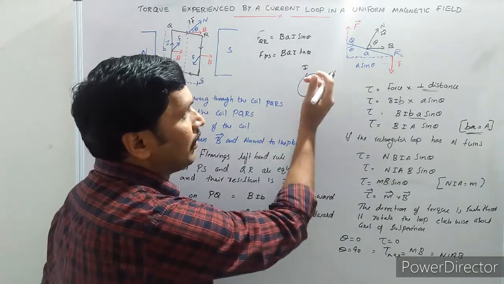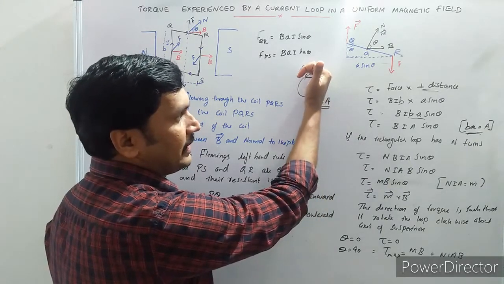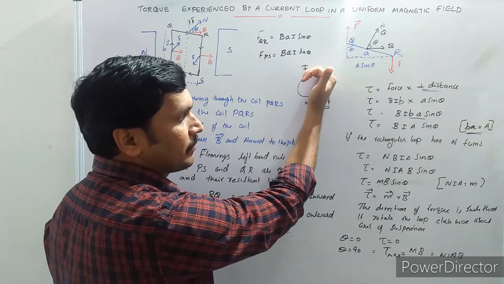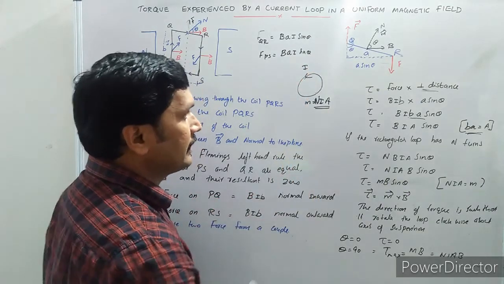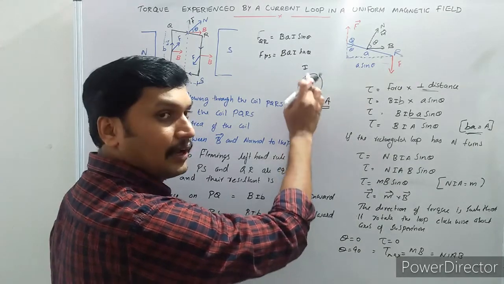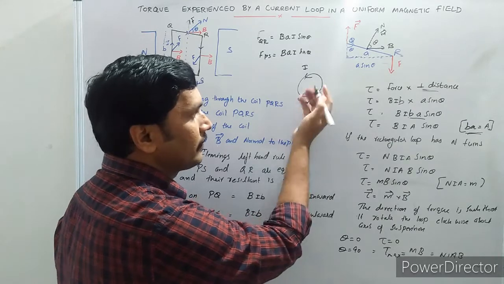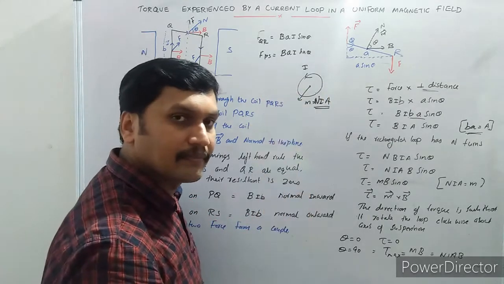In this case, hold the curved fingers of your right hand in the direction of current and the thumb points in the direction of magnetic moment. Here in this diagram, if this coil is placed in this plane and the current is in anti-clockwise direction, the magnetic moment is perpendicular to the plane of the board and outward.